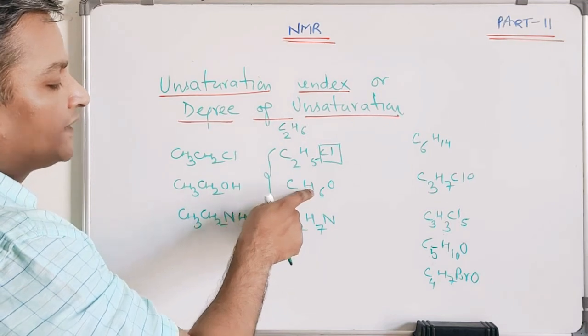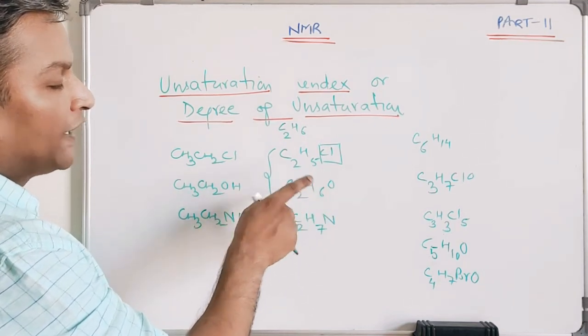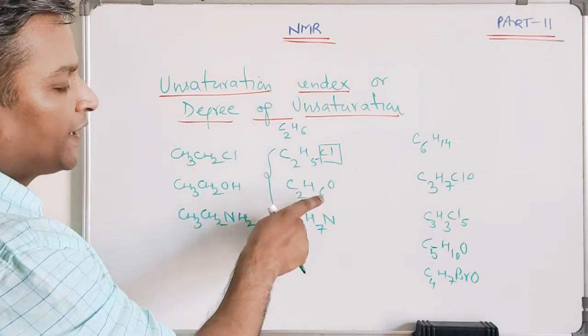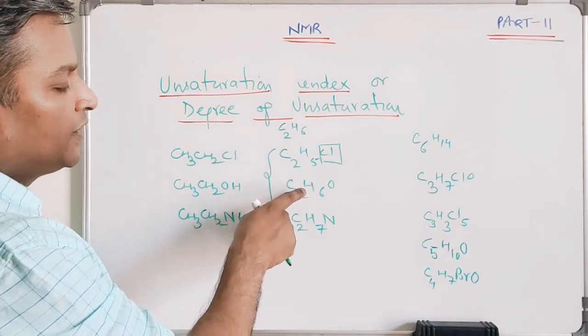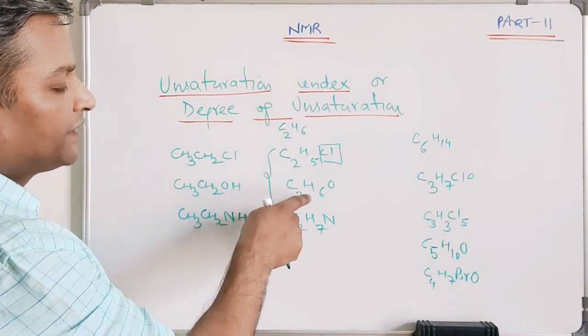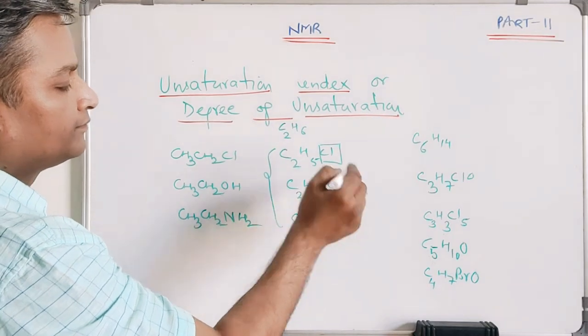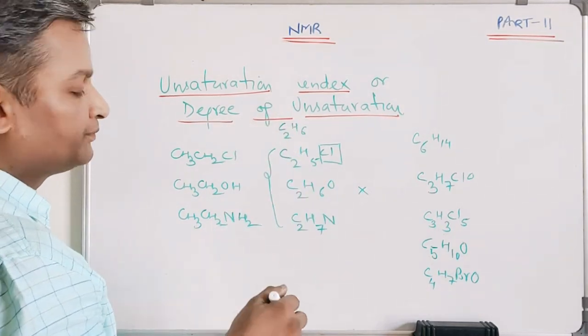For C2H6O, oxygen is not showing any effect on the number of hydrogen, which is the same as in the corresponding alkane. So oxygen does not cause any effect on the number of hydrogen atoms.